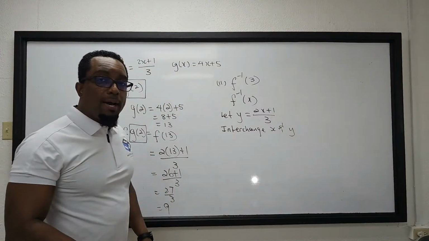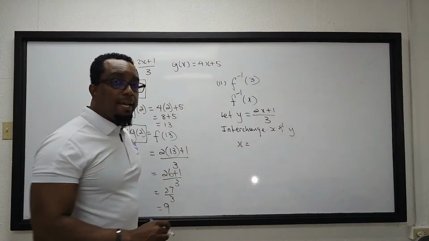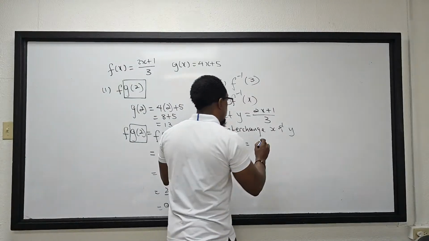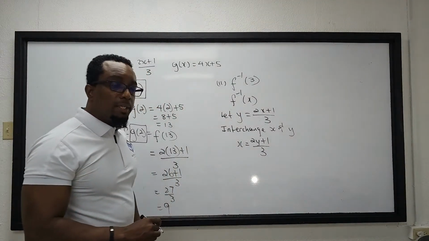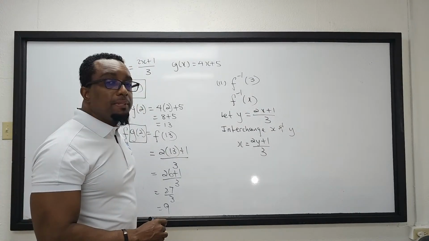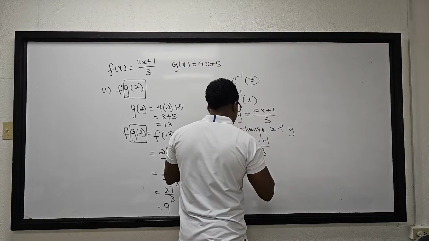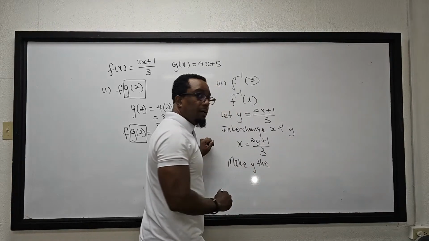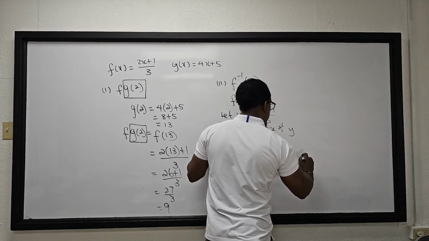So where I see y, I put x, and where I see x, I put y. So that's interchanging. And then the last step is to make y the subject of the formula.